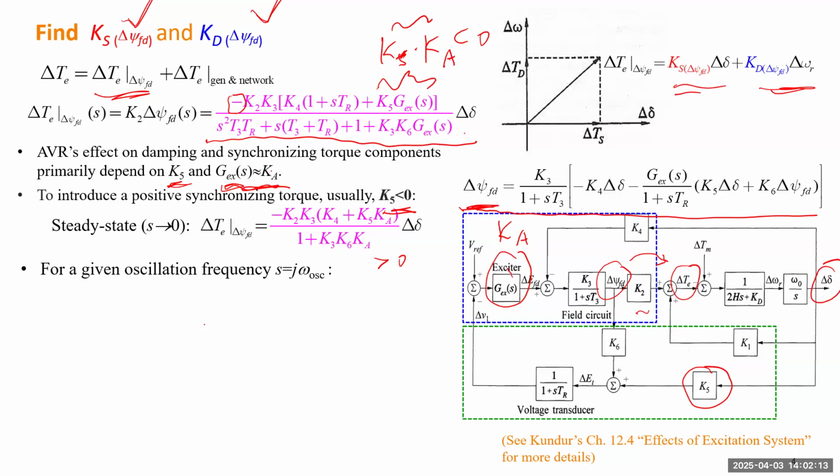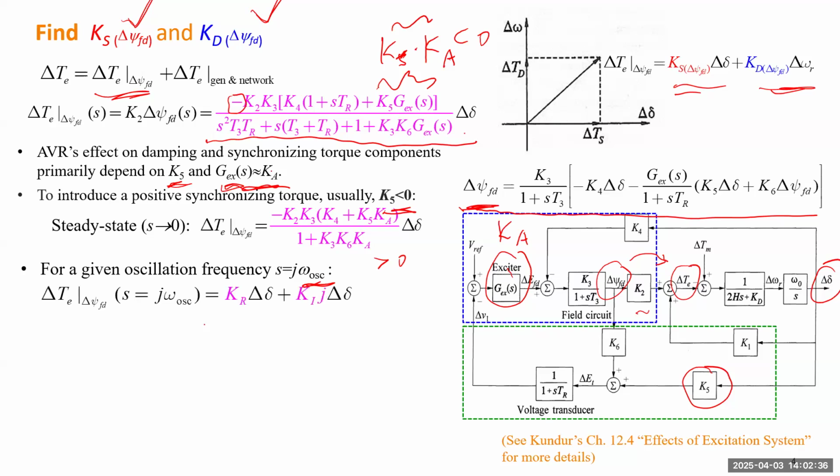Let's assume dynamic condition. For dynamic condition, I don't want to make it complex. I only consider the case where the dynamics have only one dominant oscillation mode, which means the waveform is basically like a sinusoidal waveform at frequency omega oscillation. But we don't know it, so let's keep it open.